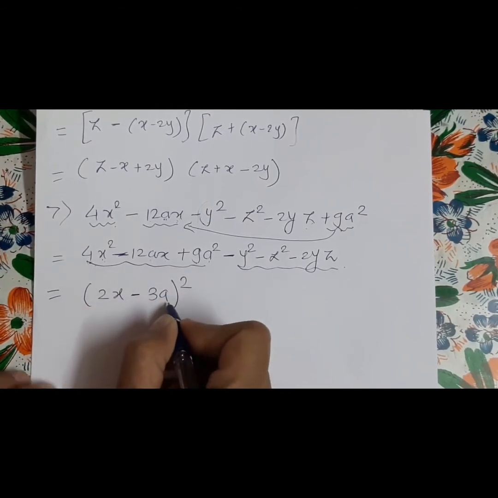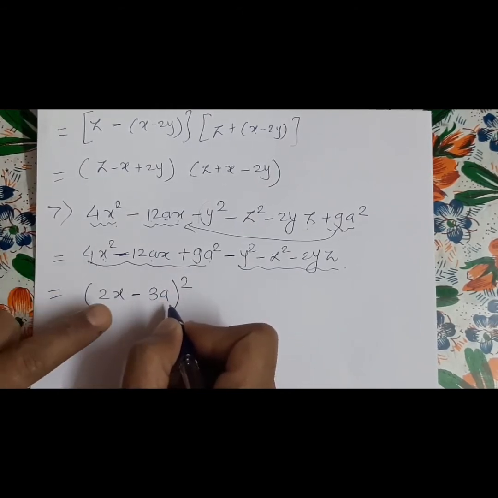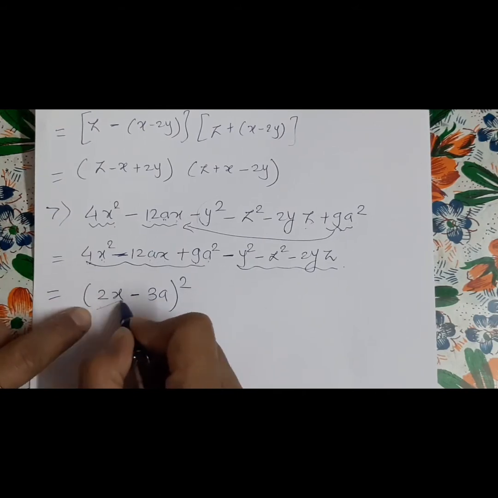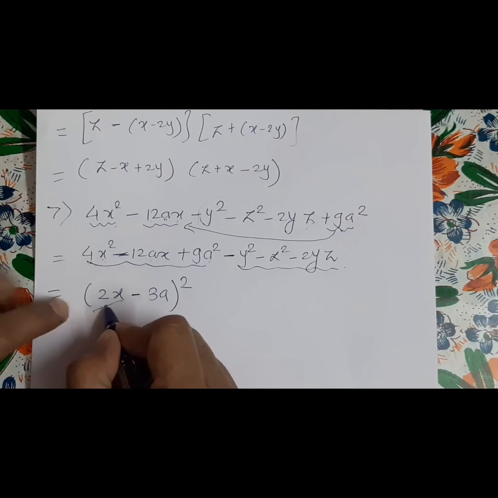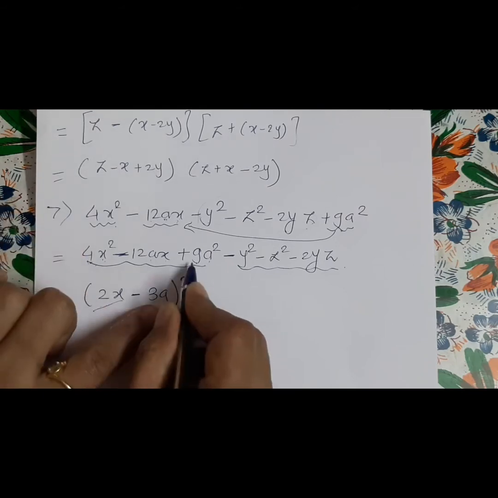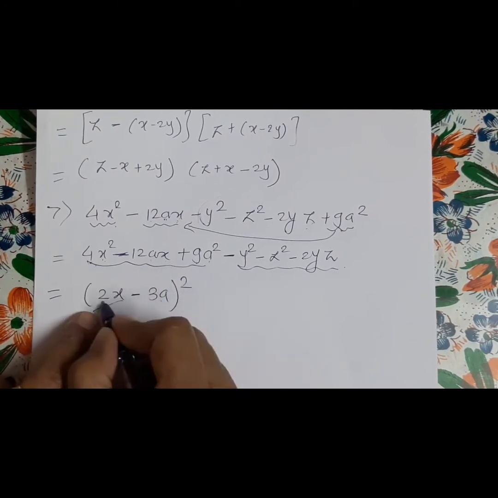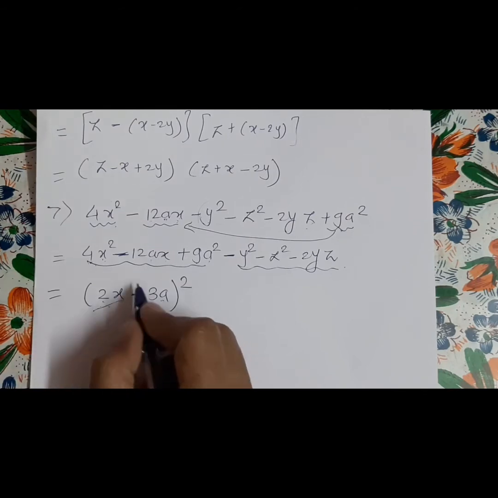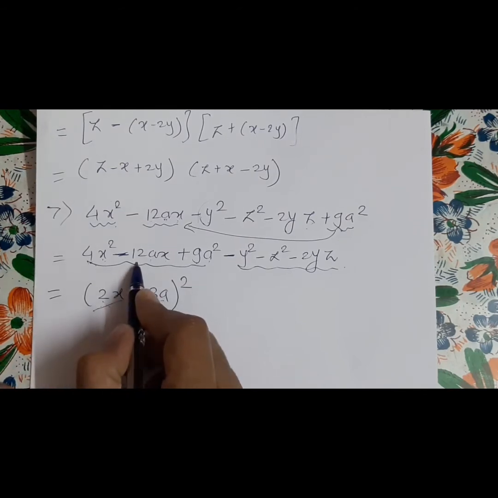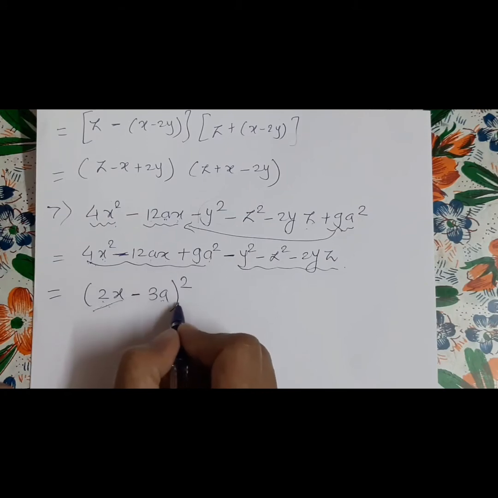You have to verify whether this is correct or not. So I will verify: the square of the first term 4x square, the square of the second term plus 9a square, and then the multiplication of these two, that is 2 into 3, 6ax, and twice of that is minus 12ax. So yes, it is correct.